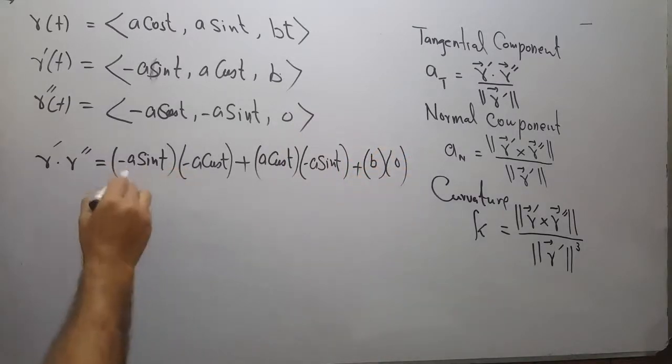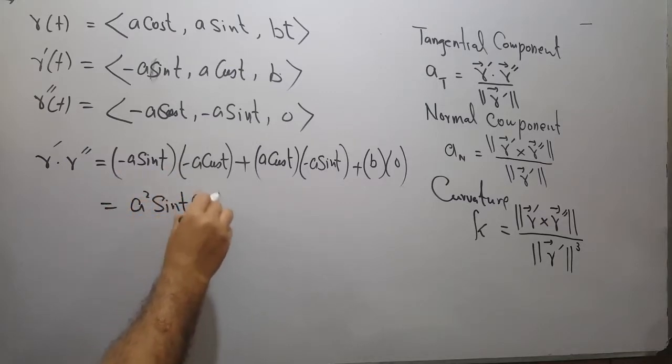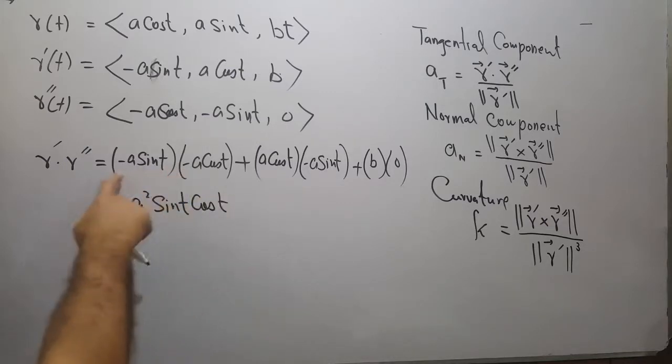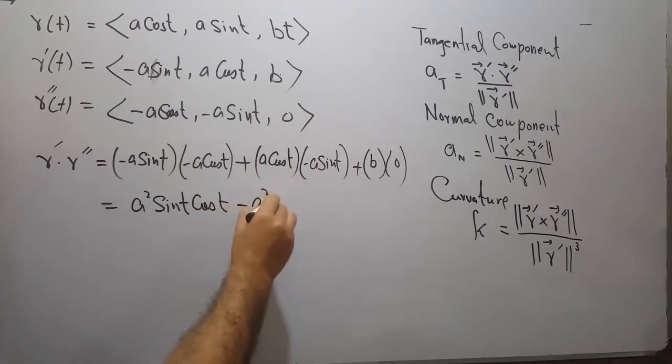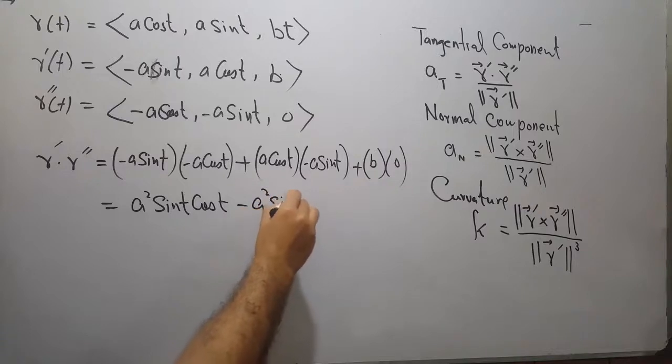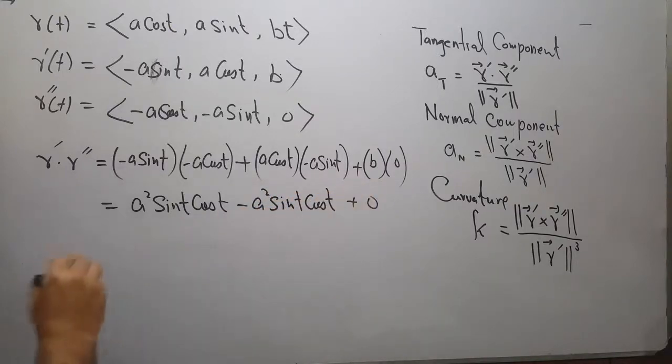That gives us a square sine t cos t, minus minus becomes plus, and then minus plus gives us minus a square sine t cos t plus 0, and these cancel each other out. So you're left with r prime dot r double prime being 0.